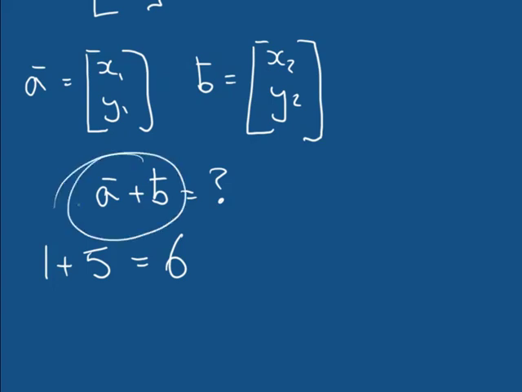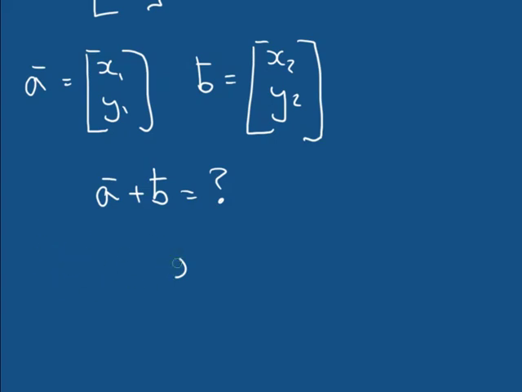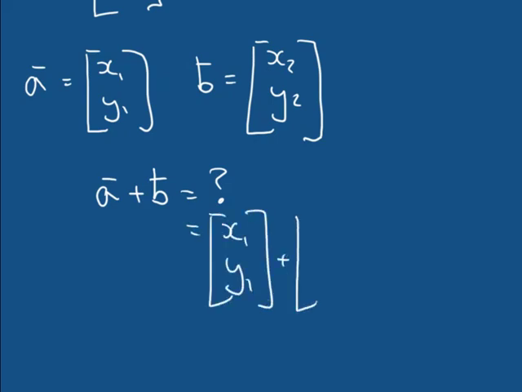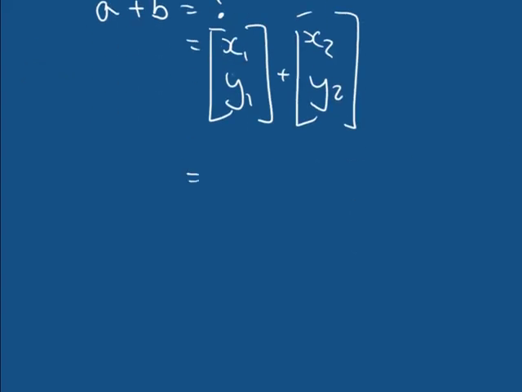So going back to our A plus B, allow me to quickly erase our scalar addition there. So going back to A plus B, this is equal to, well, we know we're adding those two vectors together, so x1, y1 plus x2, y2, and what we've said is that this is equal to adding together the first component of vector 1 to the first component of vector 2, and that's going to give us the first component of the result.